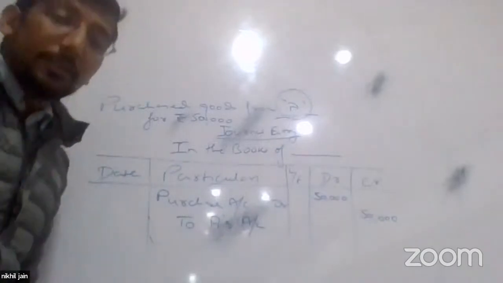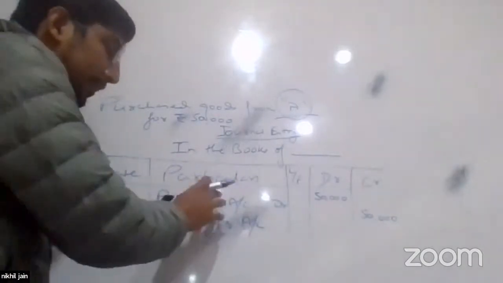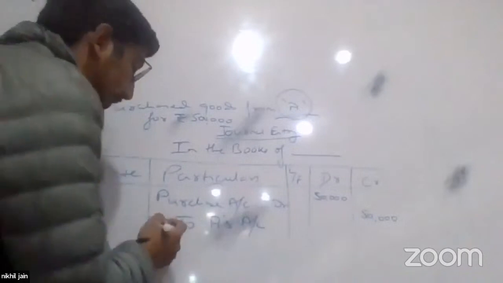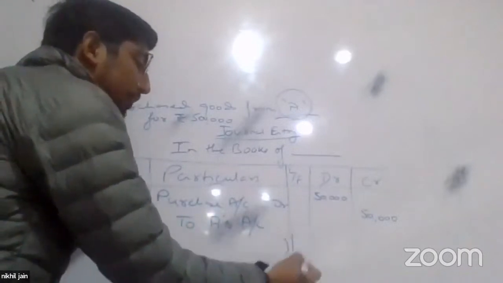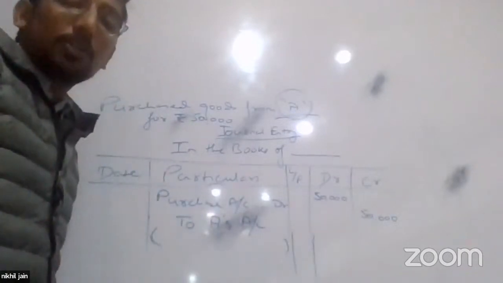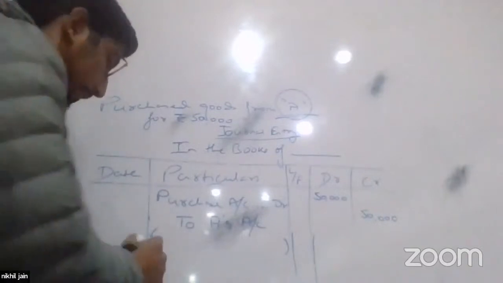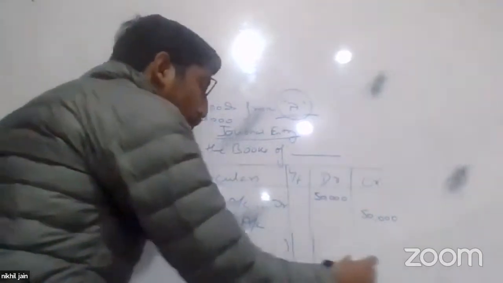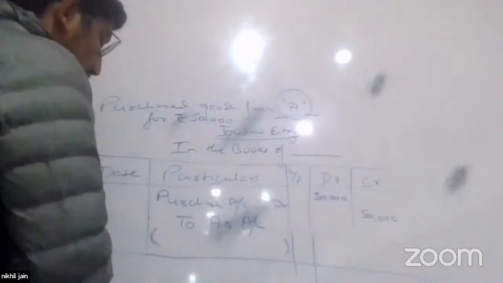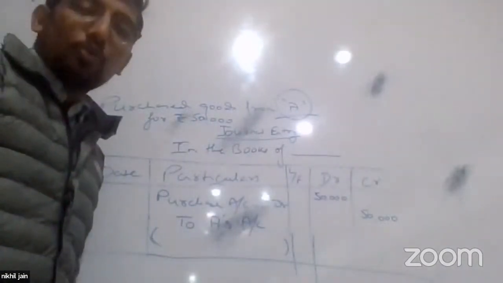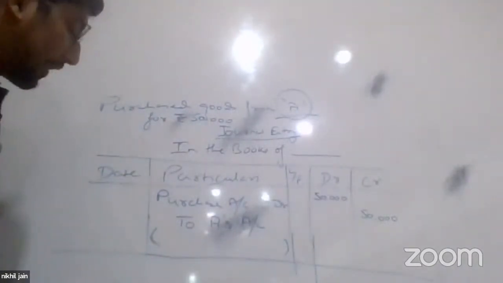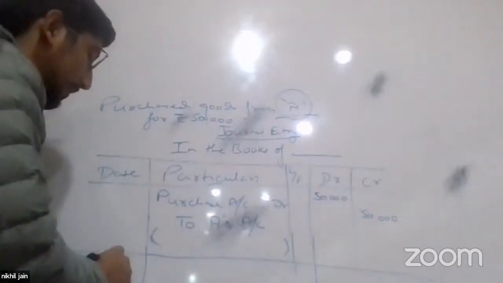Okay, and it is also important that when we write the journal entry, then the narration will be written, and once the narration is completed, then we have to draw a line. Many of us don't do this, right? We do not draw a line, but we have to draw a line and then pass the next.